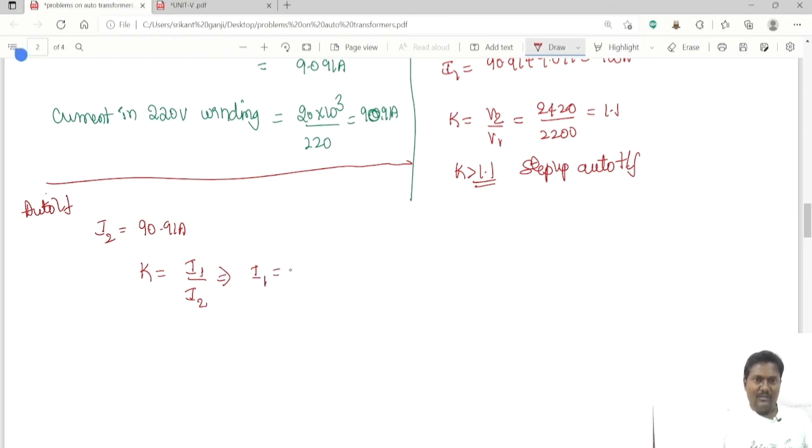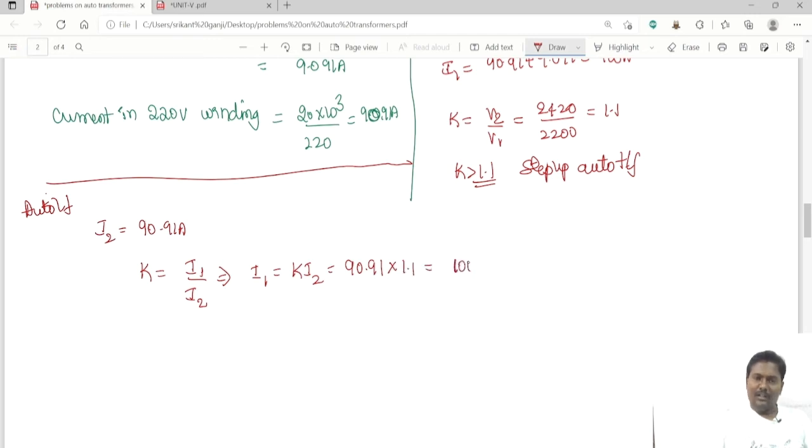So I can calculate I1 is equal to K into I2, that is 90.91 into K, which is 1.1.